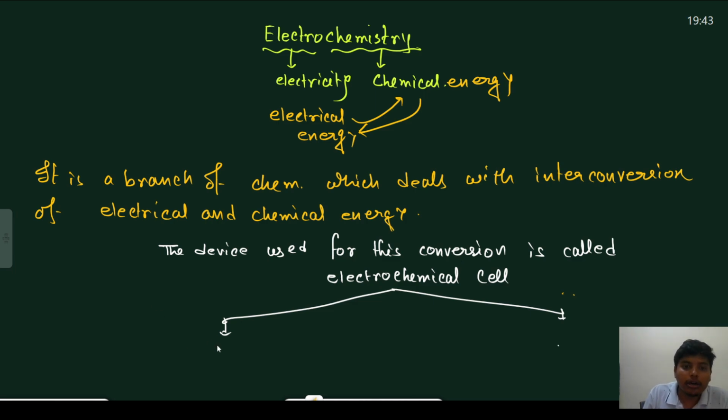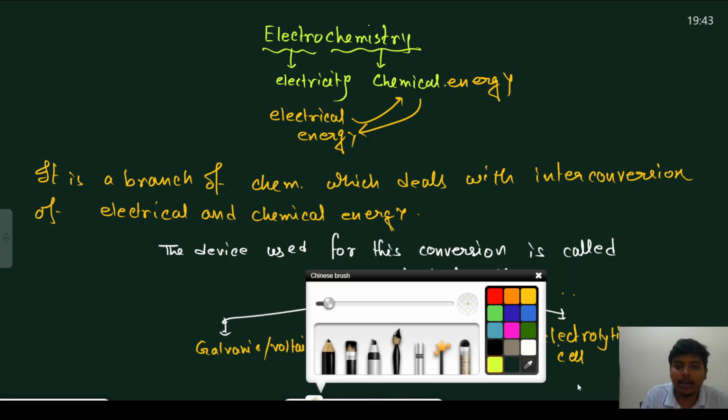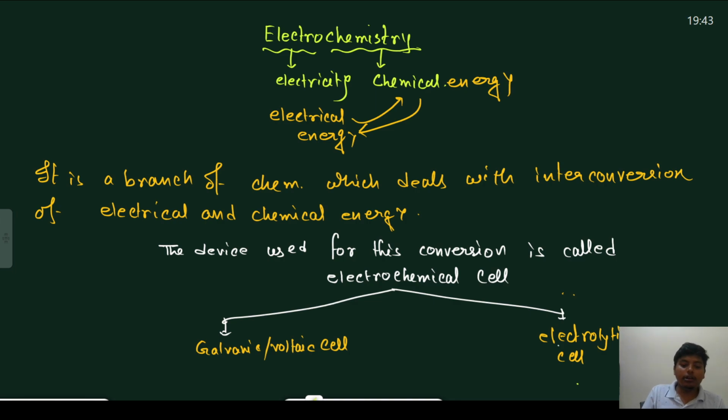So one type is known as a galvanic or voltaic cell, and another is known as an electrolytic cell. One by one, we need to understand what a galvanic cell is and what an electrolytic cell is. Any doubt? Okay.